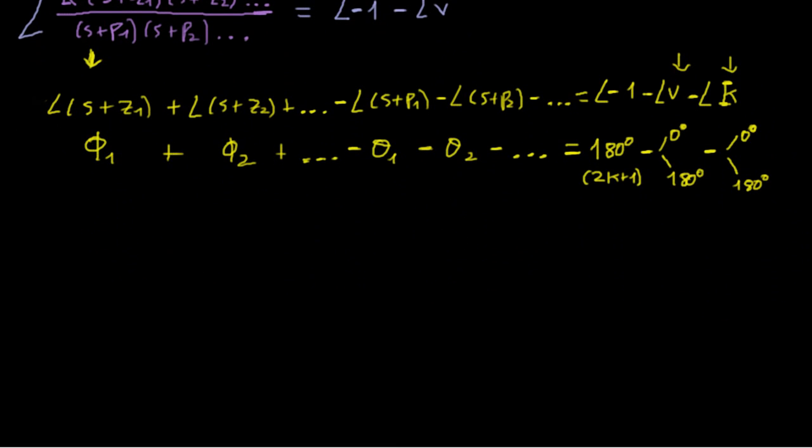All these angles phi and theta are, what are they? Well, let's suppose we have some certain positions for the open loop. Remember, open loop poles, and I don't know, open loop zeros. I will only use real ones in this case. So let's see if this point satisfies this equation.